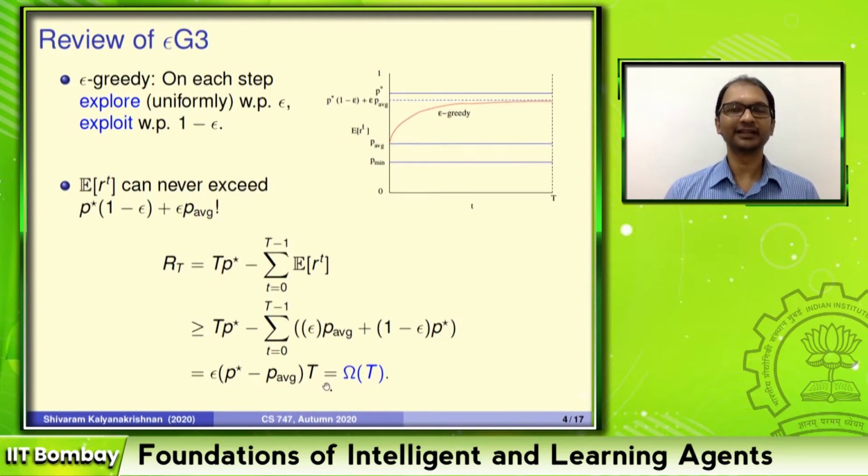So both epsilon greedy 1 and 2 as well as 3, which means both epsilon first and epsilon greedy strategies are incurring linear regret. I mean, these are not very bad algorithms. In practice, if you have a horizon of 1,000 pulls and you tune epsilon reasonably well, you might do reasonably well.